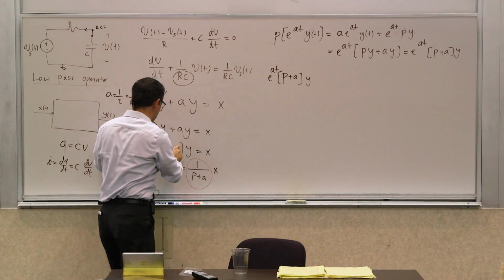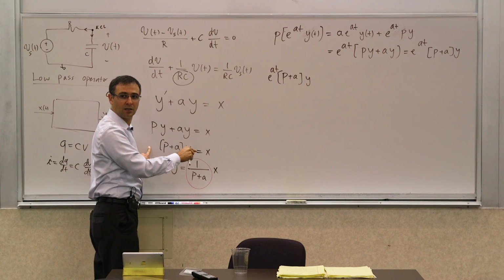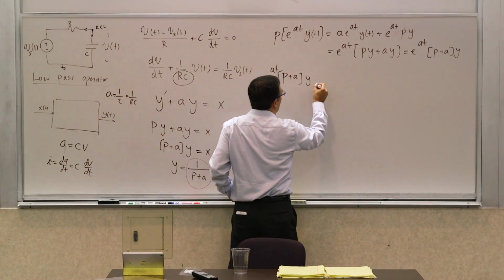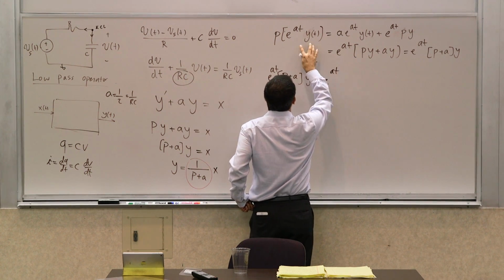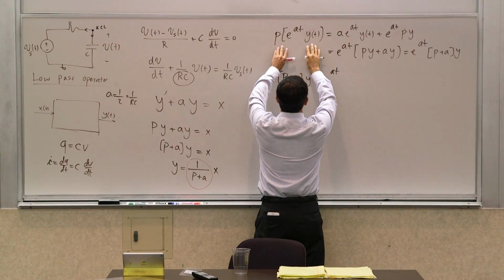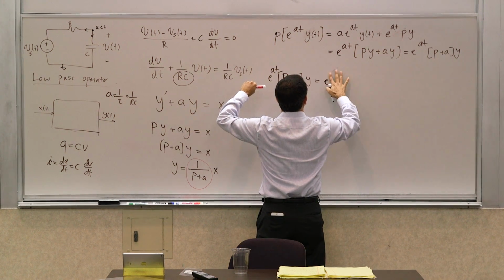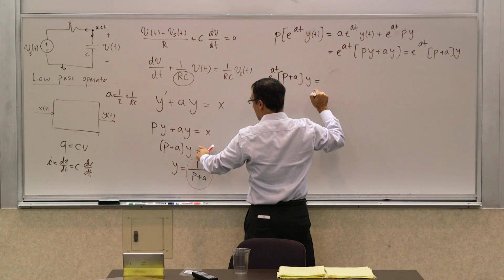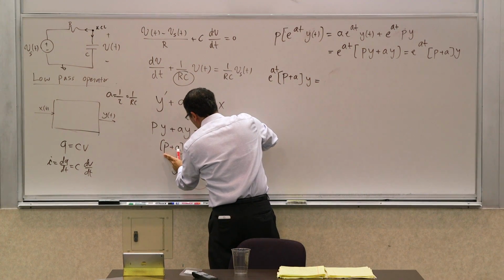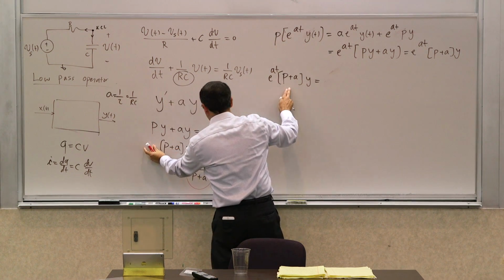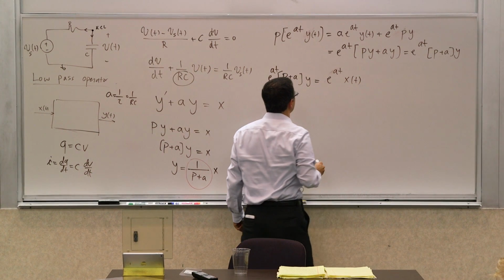I'm multiplying both sides by e to the at, some function, not constant. Sorry, I'm making a confusion. I'm multiplying both sides of this by e to the at. On the other side, I get e to the at x of t.